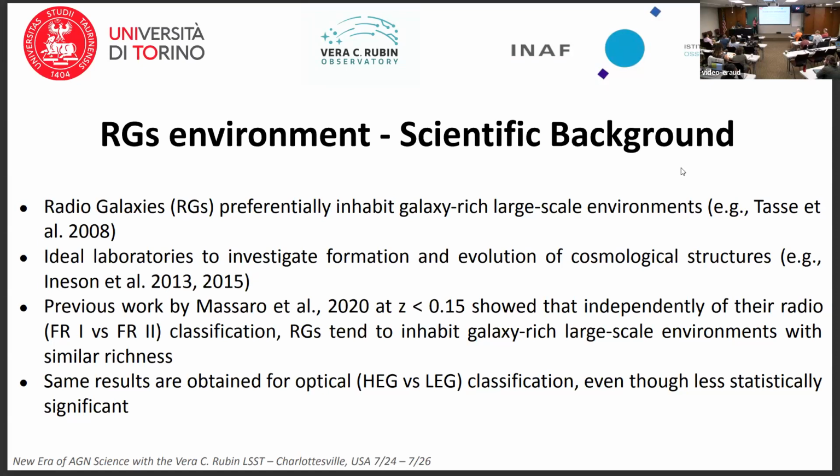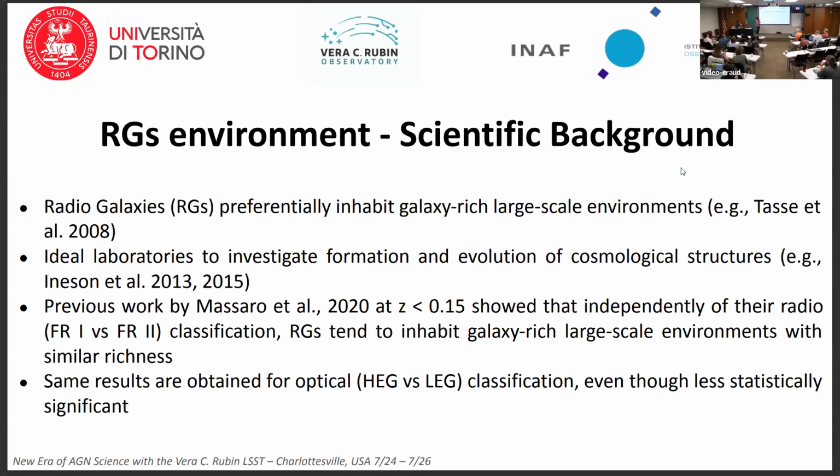So here I just put this scientific background because some works in the past have already been done about this. What we know is that radio galaxies preferentially inhabit galaxy-rich large-scale environments, and that makes radio galaxies ideal laboratories to investigate the formation and the evolution of cosmological structure.